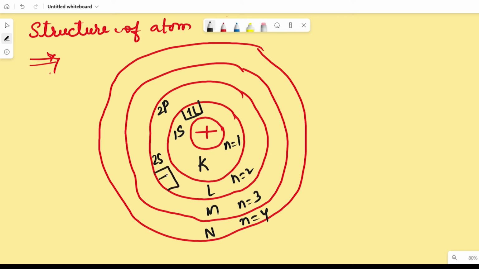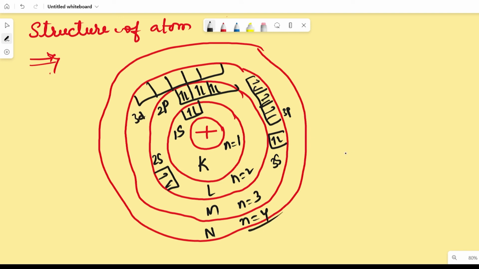The 2s orbital means only 2 electrons, and 2p means 1, 2, 3 orbitals. n equal to 3 means 3s, 3p and 3d. And n equal to 4 means 4s, 4p, 4d and 4f. So the quantum numbers are very helpful to find the exact position of an electron.